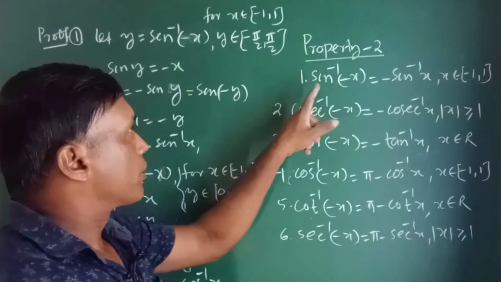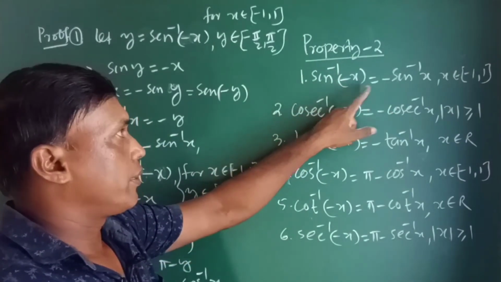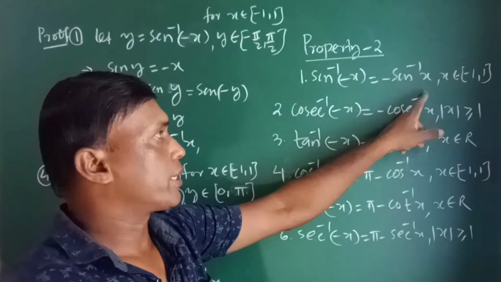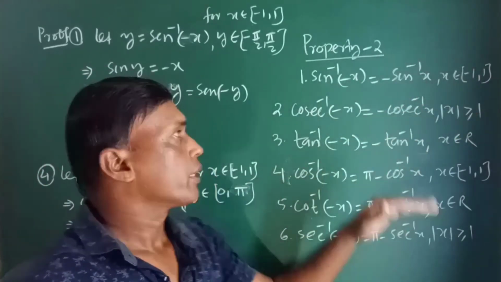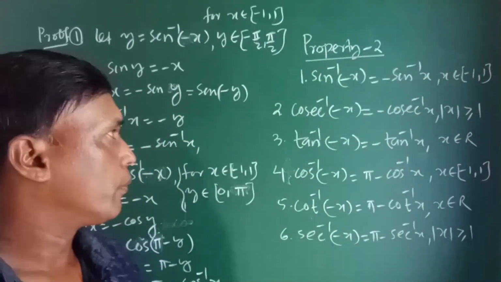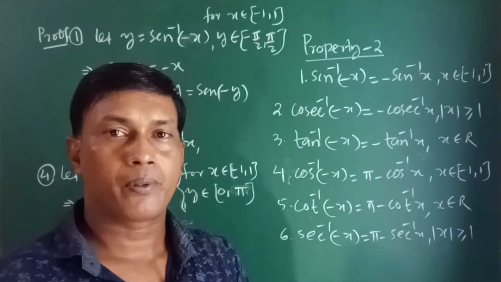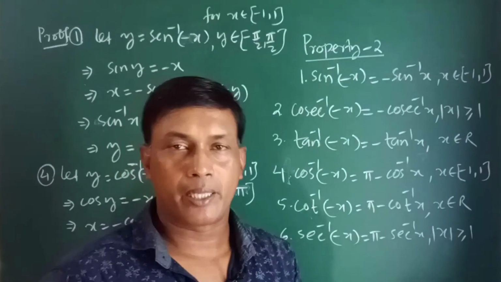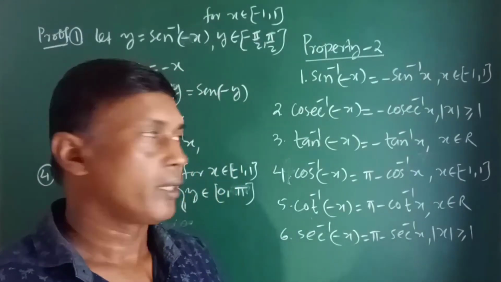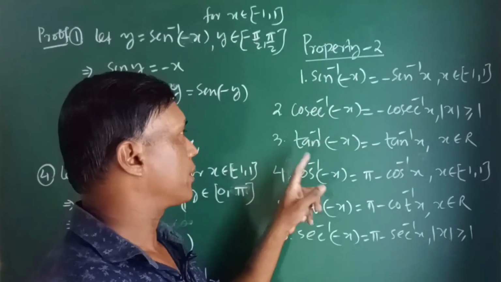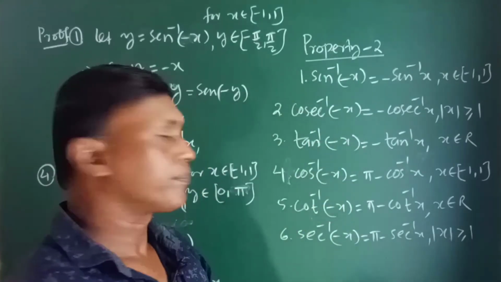Property 2: sin inverse minus x is equal to minus sin inverse x, and the domain of sin inverse x is x belongs to minus 1 to 1. In this property, we have to evaluate the inverse trigonometric function of negative x: sin inverse minus x, cosec inverse minus x, tan inverse minus x, like this.